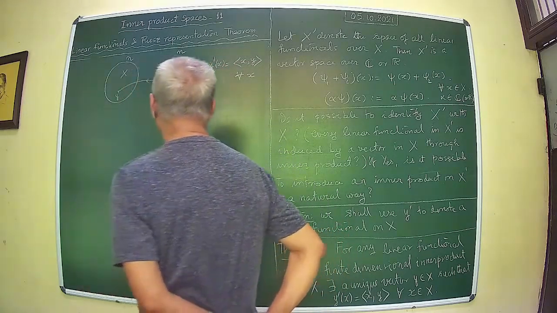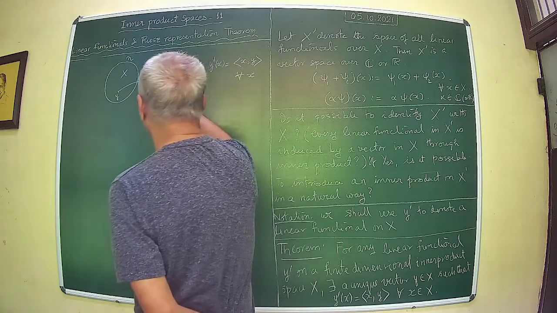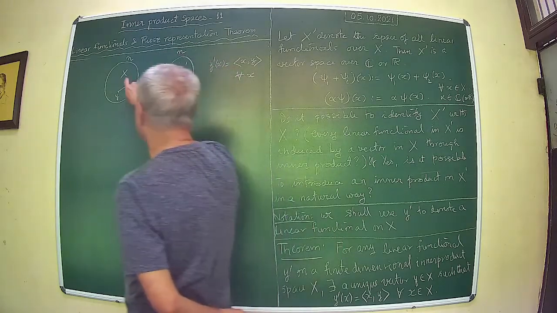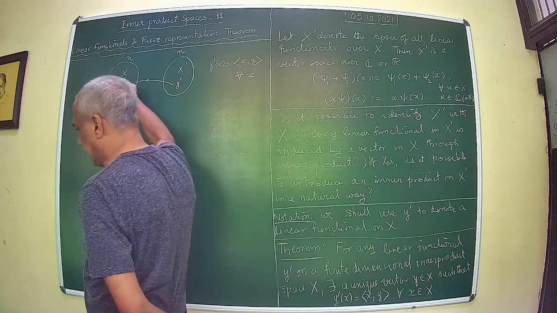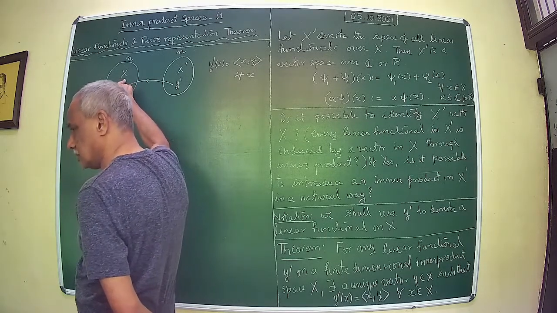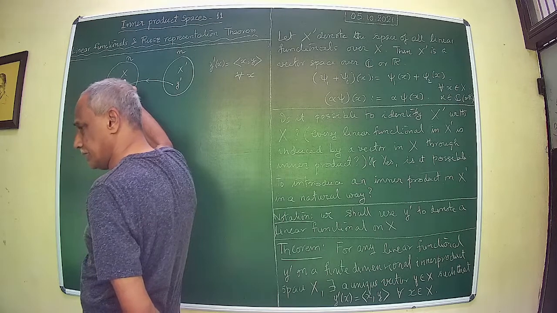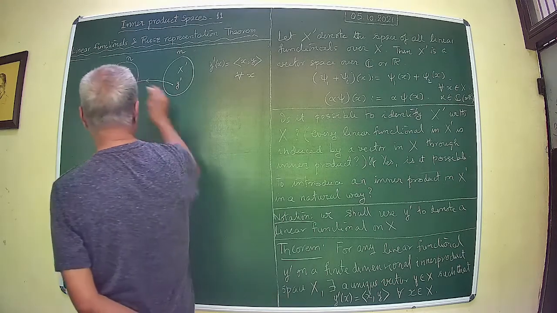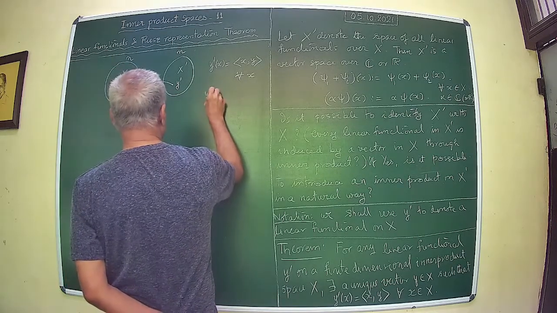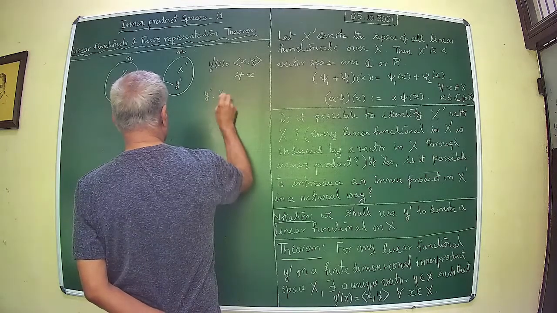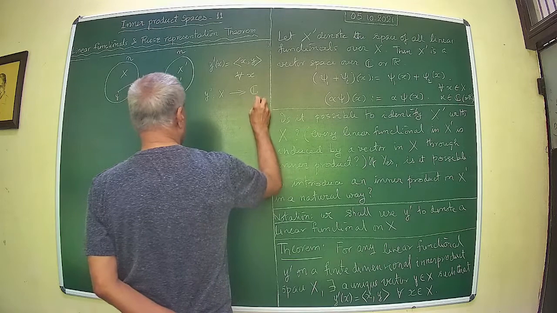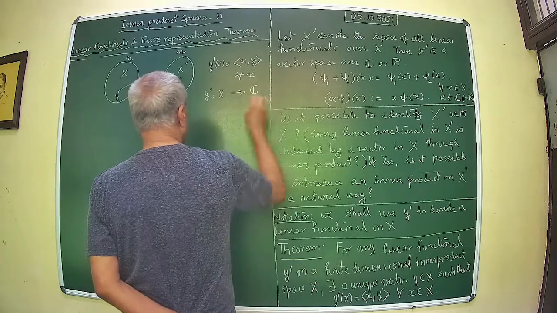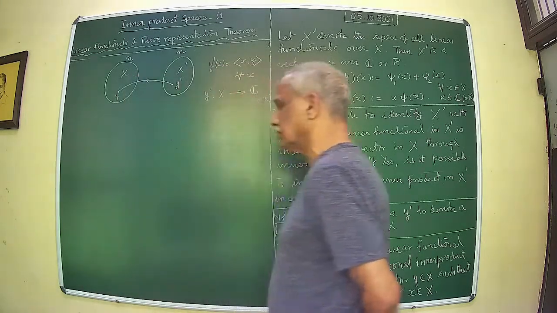Y prime is a map from X to C. Once X has an inner product, it is a metric space. So y prime is a map from the inner product space X to C or R, and both have topologies.